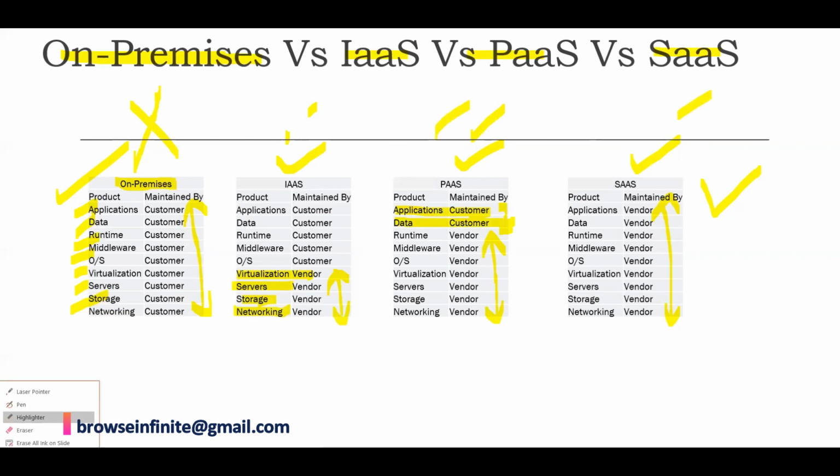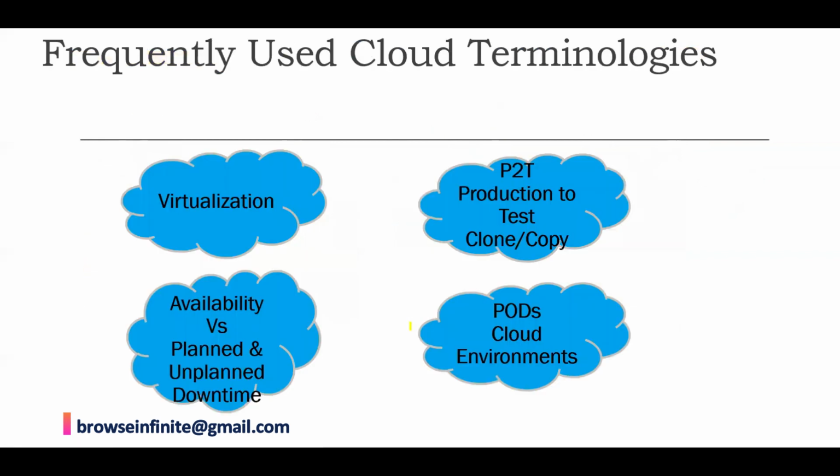Now there are certain terminologies that we mostly use. These are a few of them. We talk about these kinds of words in our day-to-day Oracle Cloud HCM implementation projects: virtualization, enhancements, availability, outages, downtime. PODs are nothing but environments.